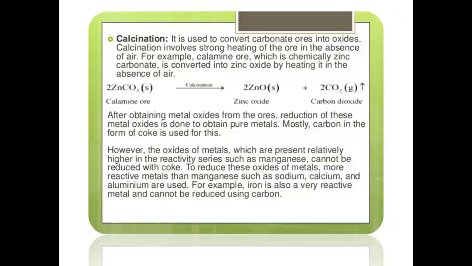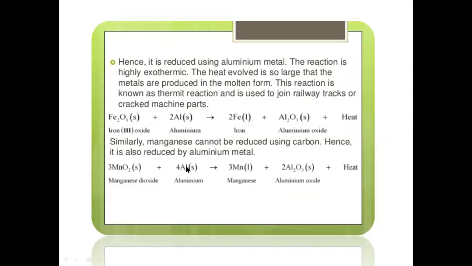But I have already explained here, students, some of the metal oxides are very reactive in nature, such as manganese, and cannot be reduced with coke, right? For this, we'll use a special type of reducing agent.